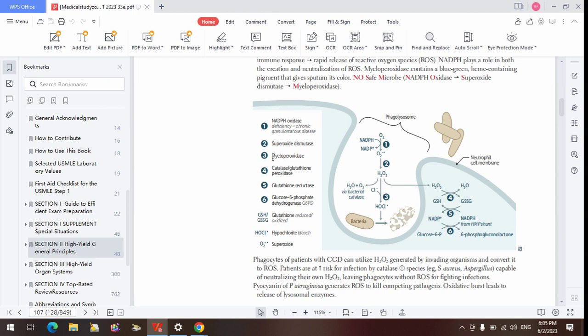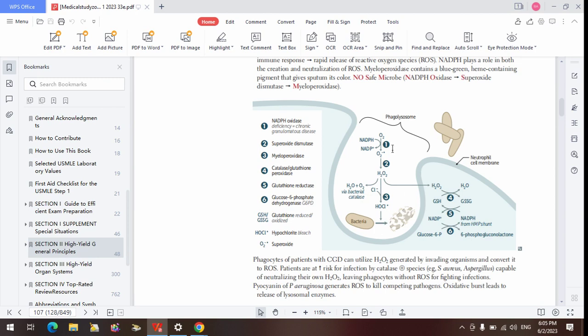That reaction is catalyzed by superoxide dismutase. The hydrogen peroxide can be acted upon by catalase, degrading into O2 and water, or you can incorporate chloride into this hydrogen peroxide and convert it to hypochlorite. This reaction 3 is catalyzed by myeloperoxidase.